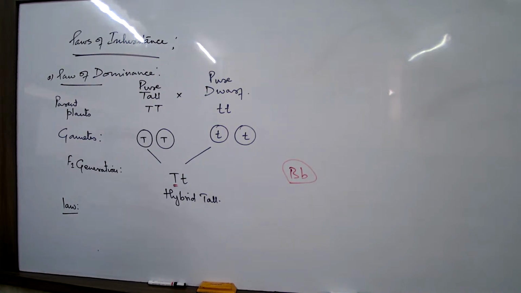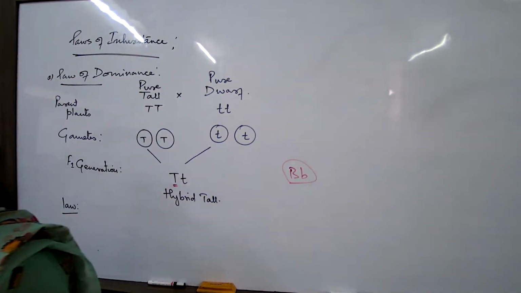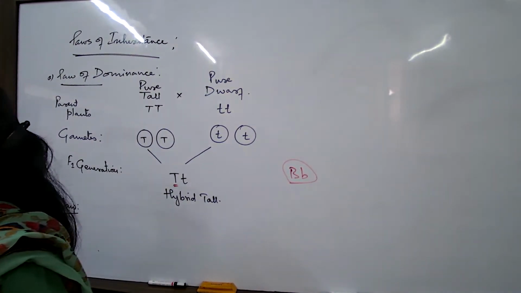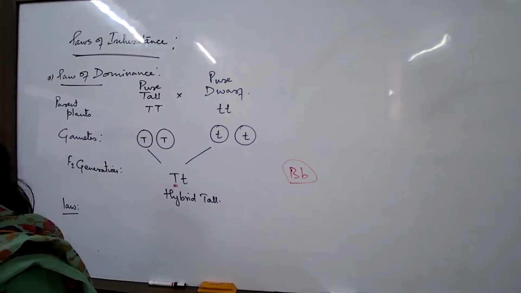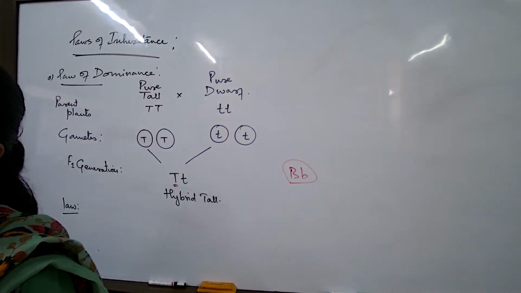Explain with an example: traits are inherited but not expressed at times.